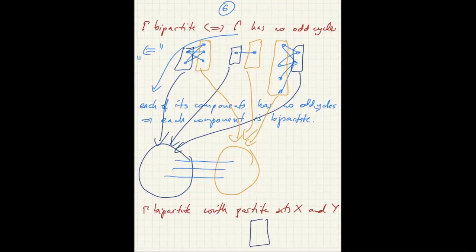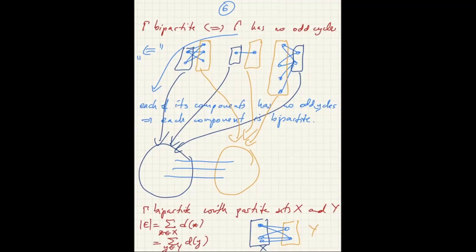So if this is X and this is Y, and you have edges only in between them, then the result that I want to say is that the number of edges, the cardinality of E, equals the summation over all x in X of the degree of x, and it's the same thing as the summation over all y in Y of the degree of y.